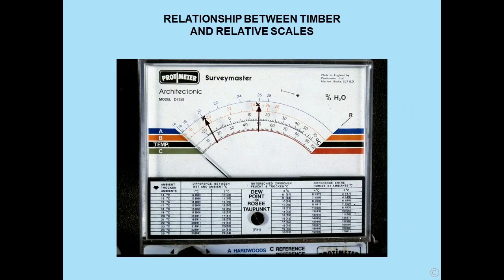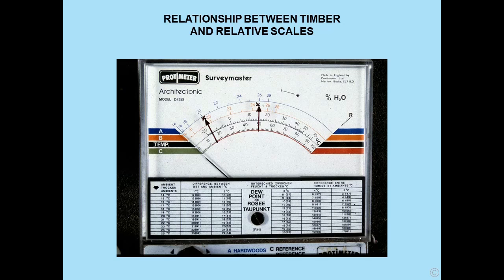So what's then the relationship between the timber scale and the relative scale? Well, if we go back to the old analog meters, we can see this. Here's two examples. On the bottom we have 15% full scale deflection, or 50% full scale deflection as another example.